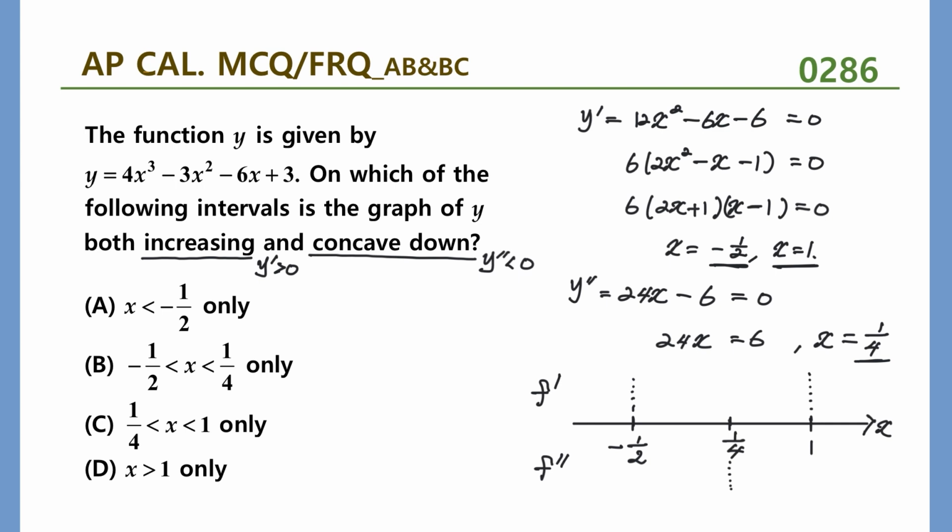Now let's substitute one value in each interval. We're going to substitute -1. Let's plug in -1 here and -1 here. That's negative, that's negative, and negative times negative gives us positive here, right? Now let's substitute 0. 0 here, 0 here.